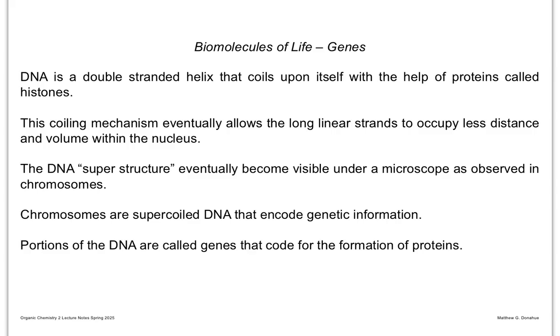But another thing happens, those coils actually start to then coil. So there's a protein called a histone that will interact with DNA and coil it even further. As you saw in the video, that orange blob sort of coming up to the DNA would be like a protein, or if you consider it a histone, it's going to interact with it a certain way, and that's going to help that coil.